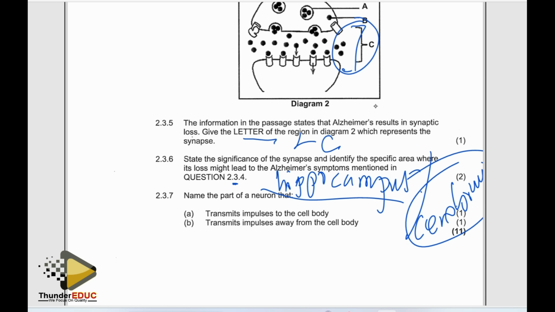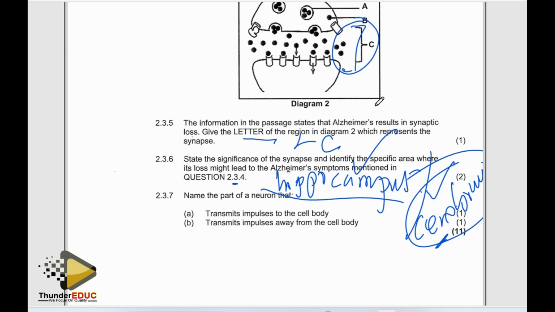Hopefully those who wrote cerebrum will get a mark, and those who wrote hippocampus also get a mark if your teacher knows it. We're not islands. It doesn't mean that we know each and everything. It might not be included in the memo. We only wrote this, but scientifically, hippocampus is also correct.